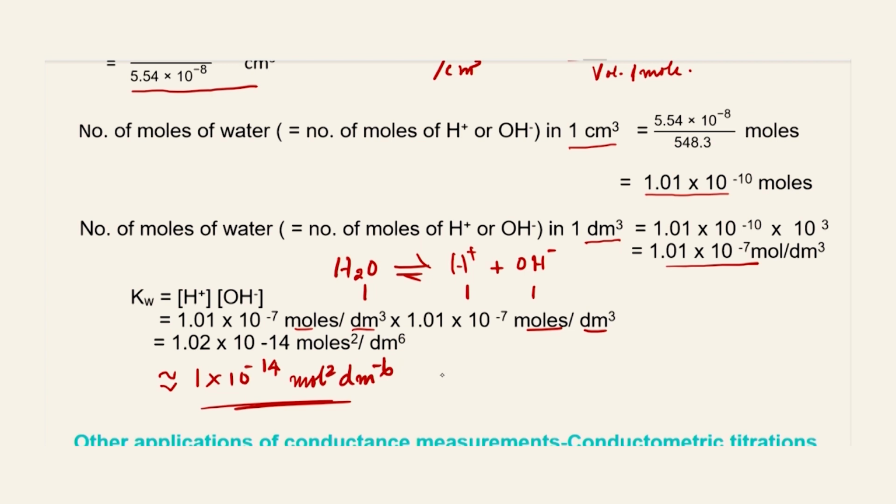This is what we say is the ionic product of water. And just like an equilibrium constant, this is dependent on temperature, and the temperature taken is 25 degree Celsius. Once the temperature is changed, the value of Kw also changes.